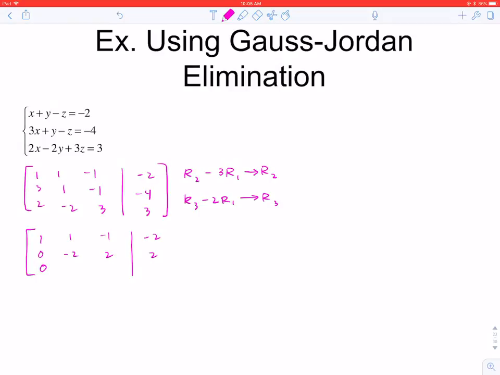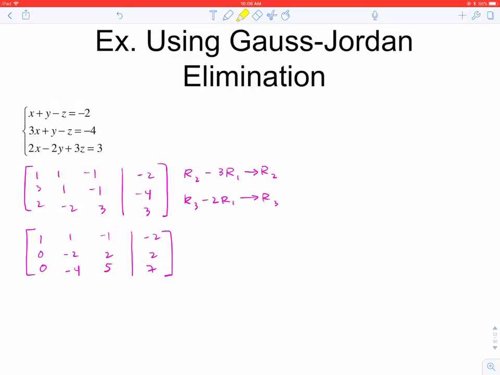So now row 3, we'll have 0. Negative 2 minus 2 times 1 will be negative 4. 3 minus 2 times negative 1 will be 5. And then 3 minus 2 times negative 2 will be 7. Okay.